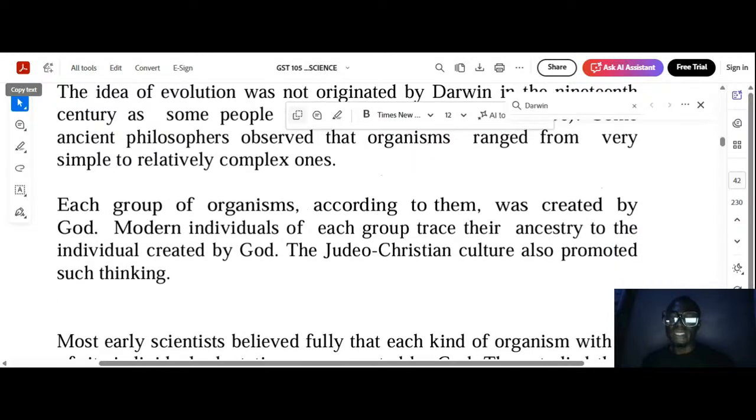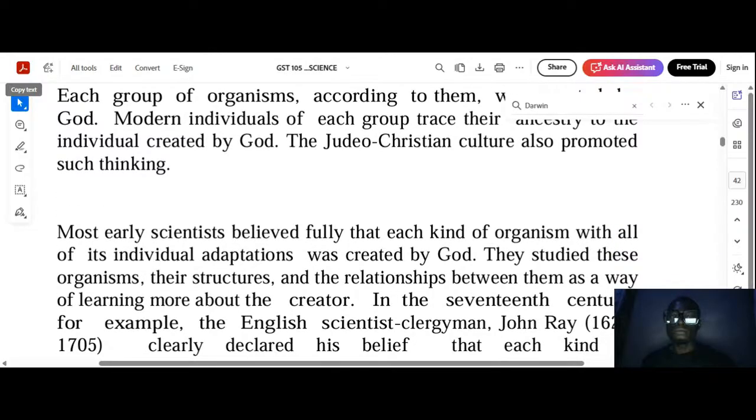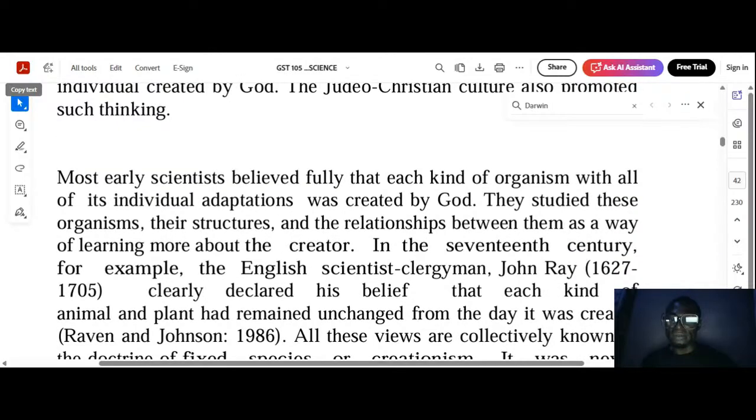The Judeo-Christian culture also promoted such thinking. Most early scientists believed fully that each kind of organism, with all its individual adaptations, was created by God. They studied these organisms, their structures, and the relationships between them as a way of learning more about the Creator.